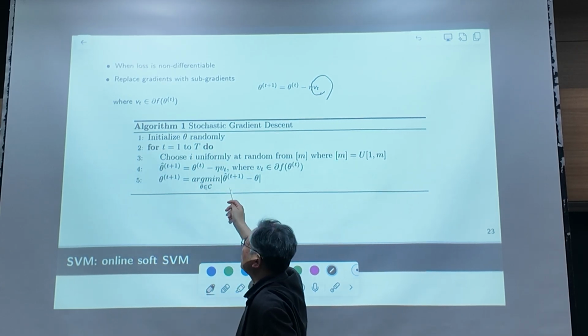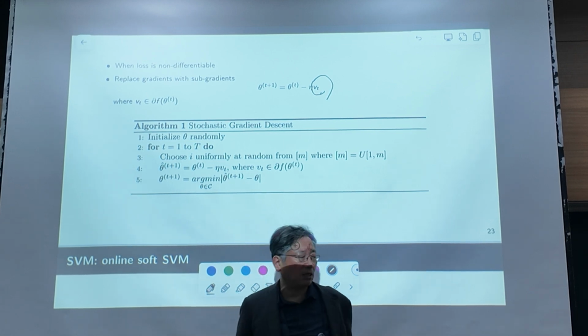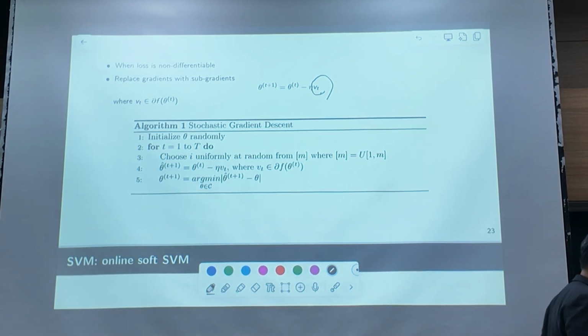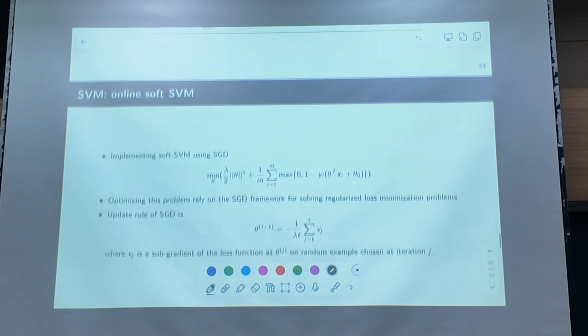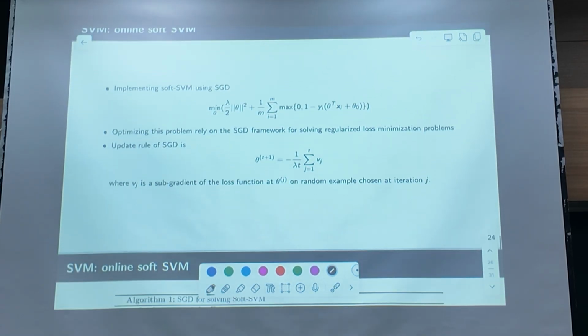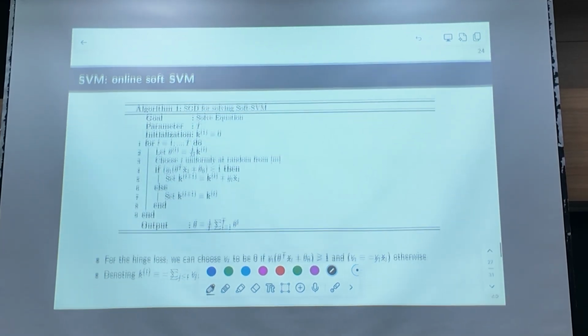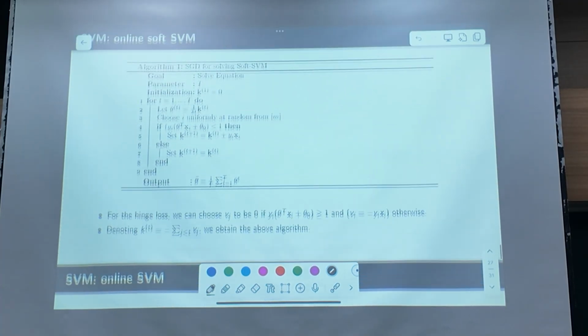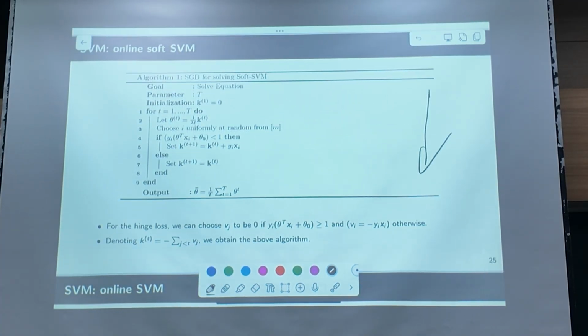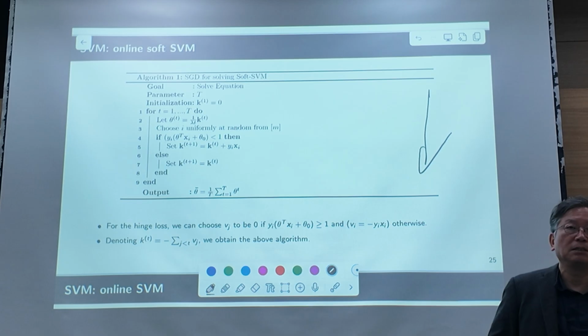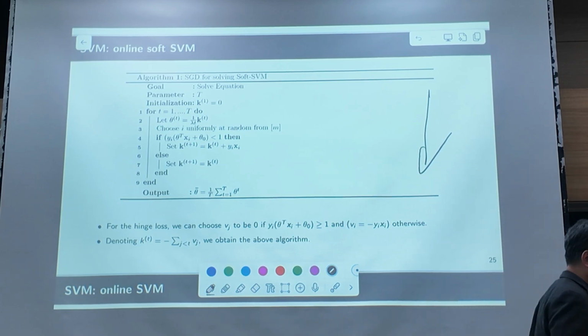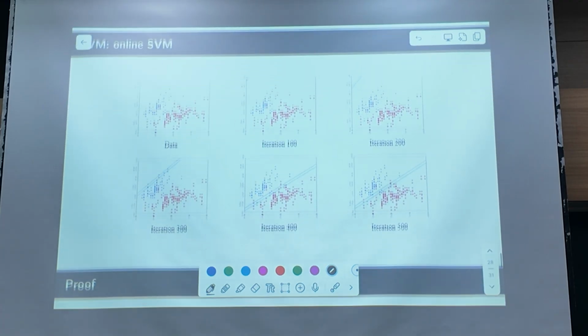Okay, and then you project it to the constraint that you have. Okay, the details are in this slide. You can go through it, and we're going to ask you to implement this in the homework with a different data set.